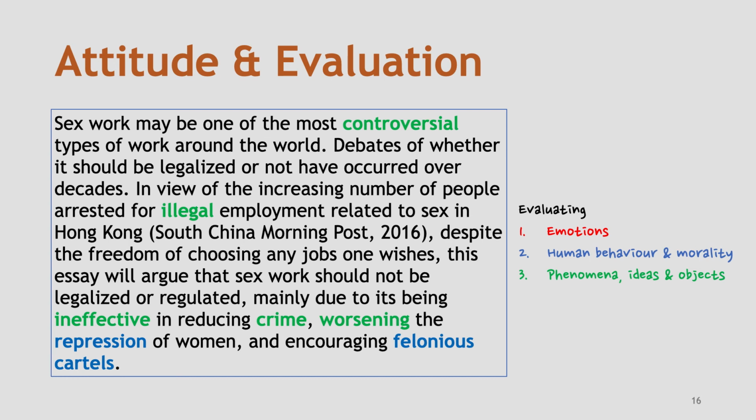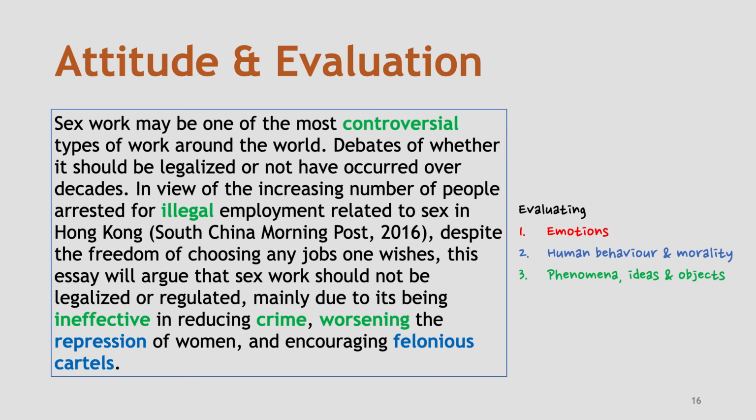For example, the words in blue in the text. A repression of women, which means people are doing bad things to women, in that it represents bad behavior. As with the phrase felonious cartels. Cartels means a group of criminals. Okay, so these represent bad behavior or bad morality.